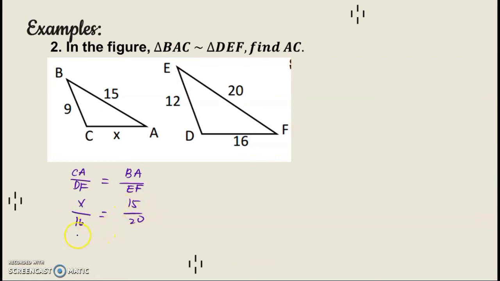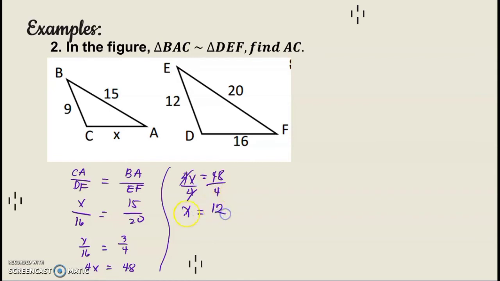Lowest term muna to para mas madali. So, x over 16 is equal to 3 over 4 para mas madali. So, we have 4x is equal to 3 times 16, what? 48. So, 4x equal to 48. And then we divide both sides by 4 para ma-solve si x. So x is equal to 12. So therefore, si AC is equal to 12.